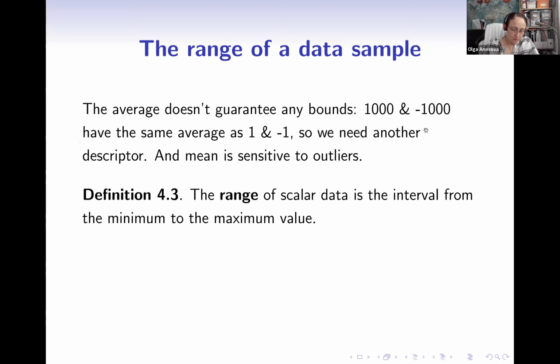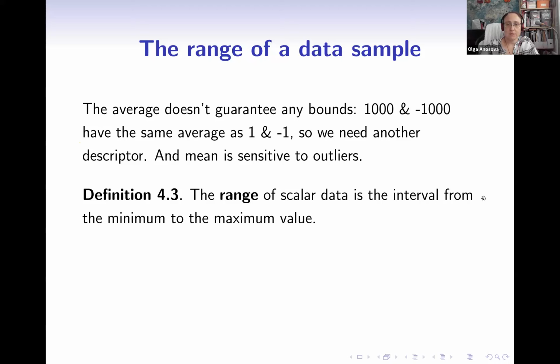And also, I think I've mentioned the problem of the mean is its sensitivity to outliers. So if Elon Musk suddenly joins us in this session, just by his presence he will make us all very rich on average, just by being an outlier. That's why another descriptive value is needed.